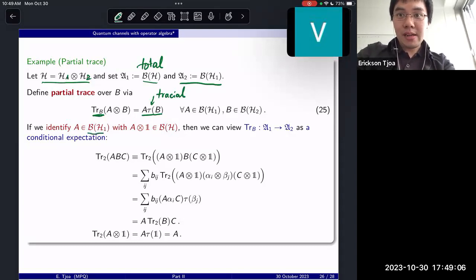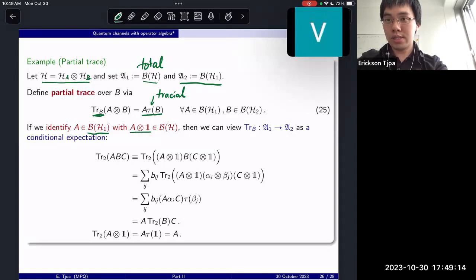Remember that a subalgebra, the bounded operators on one subsystem Hilbert space, can be viewed as a tensor identity on the whole system. Then you can view this map, trace over B, as a conditional expectation, because now you just evaluate them directly.